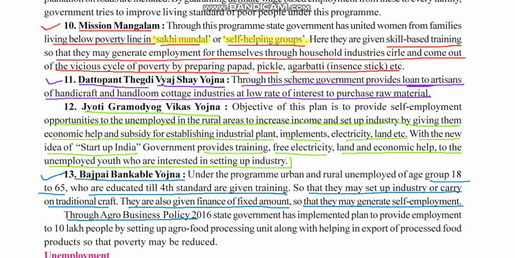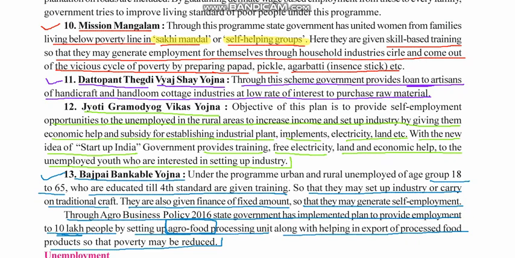Through Agro Business Policy 2016, the state government has implemented plans to provide employment to 10 lakh people by setting up agro food processing units. An agro food processing unit is an industry where agricultural food processing is done, and in that, directly or indirectly, about 10 lakh people will get employment, along with helping in the export of processed food so that poverty may be reduced.